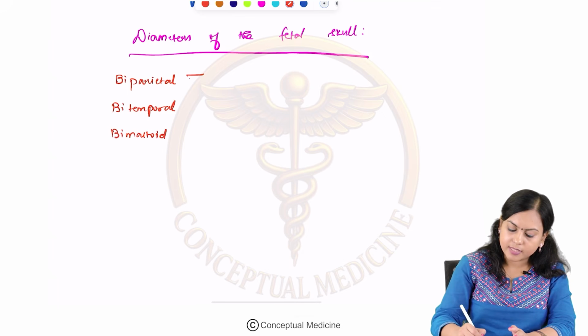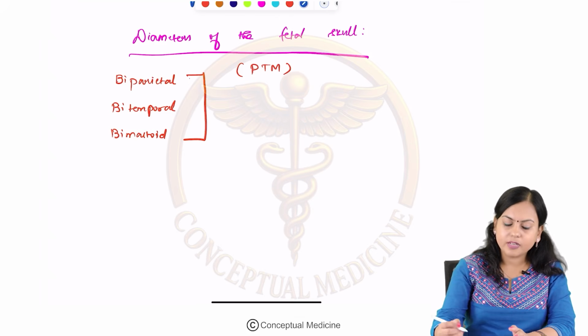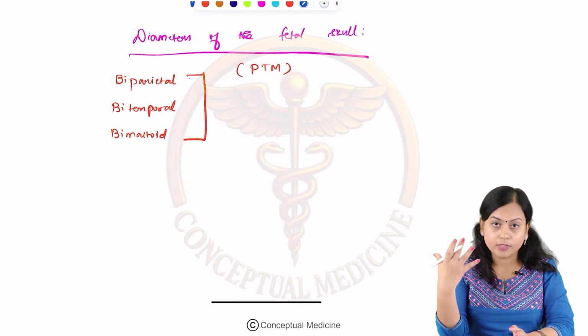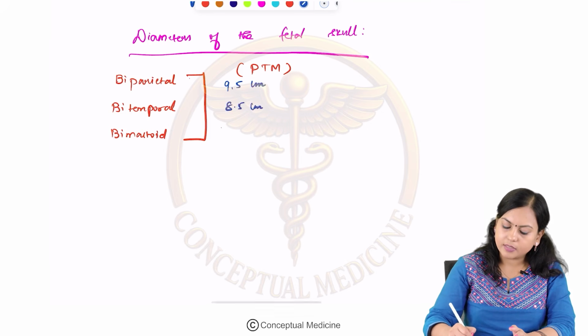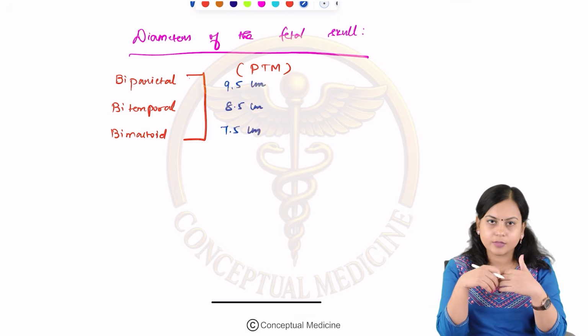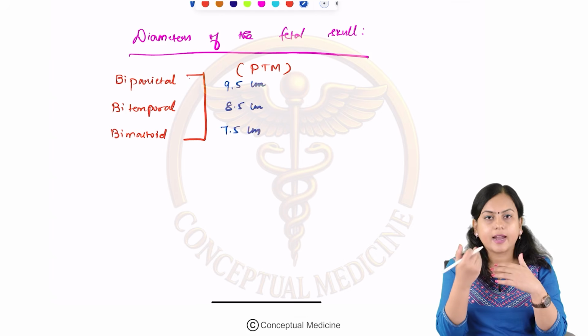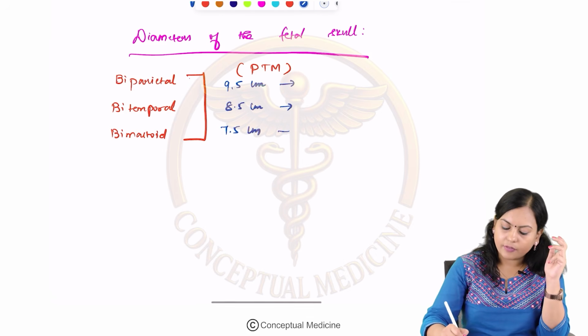You can remember these diameters with the mnemonic PTM. The measurements of these diameters are also easy. It is 9.5 centimeter, 8.5 centimeter and 7.5 centimeter. Start with 9.5 centimeter and reduce 1 centimeter for the temporal and another 1 centimeter for the mastoid.